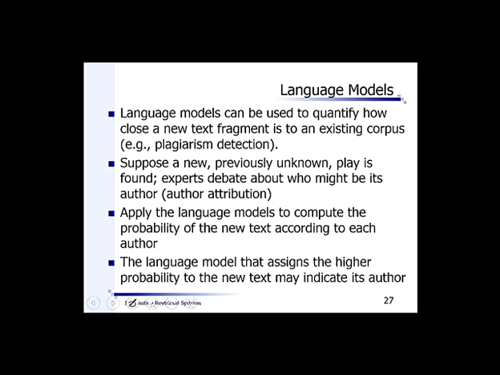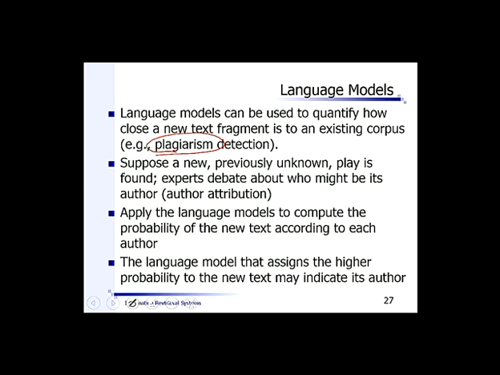Okay. Some of the applications of language models: it can be used to quantify how close a new text fragment is to an existing corpus. For example, plagiarism detection. For plagiarism detection, we may find similarity between an existing corpus, the collection of documents, and a new piece of text. This is one application.